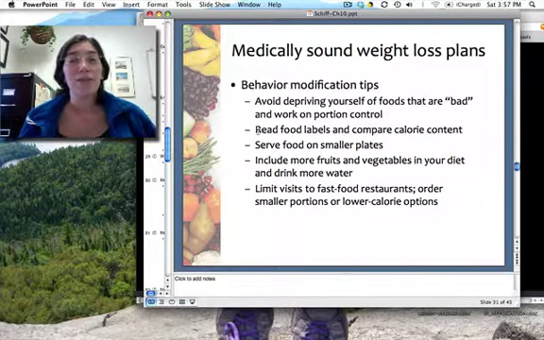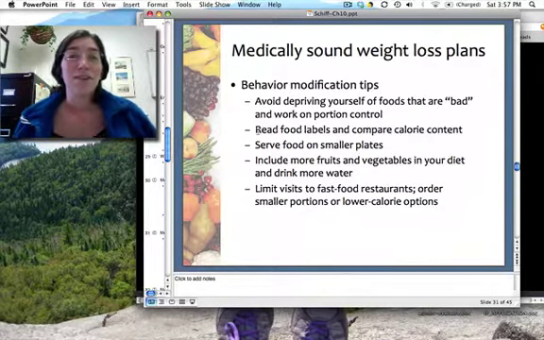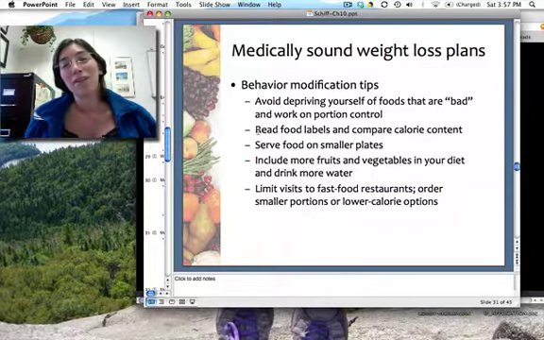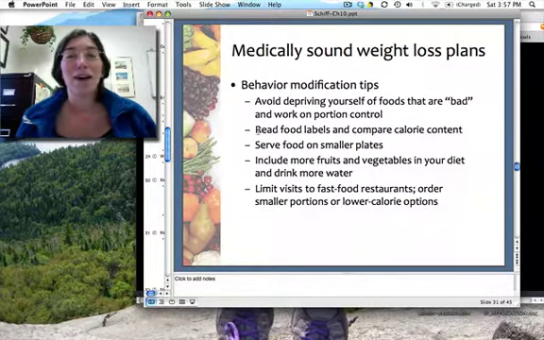Reading food labels is really good, if you're not already in the habit of doing that. It can be very informative. Sometimes there are foods that you don't expect to be very fattening or high in calories. One that I always like to bring up is ramen noodles. People think, oh, it's soup, it can't be that bad for you.